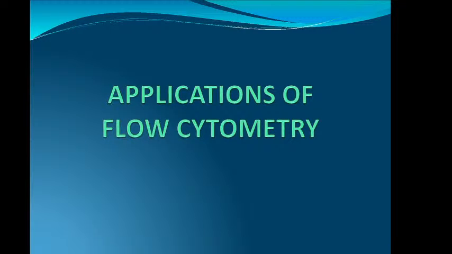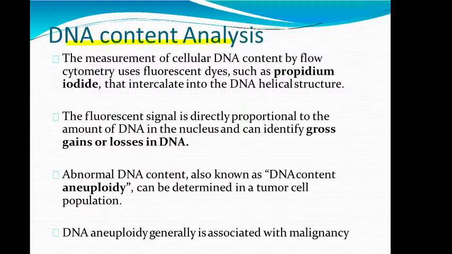This is the applications of flow cytometry. To measure the cellular DNA content, we use flow cytometry. When you want to know the DNA content in the cell, you have to use the dye propidium iodide, which intercalates into the DNA helical structure.